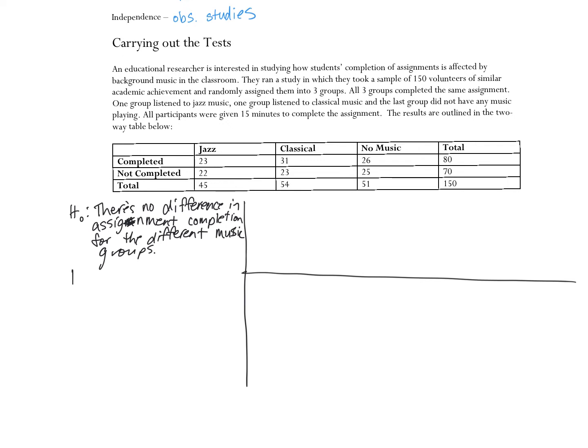Our alternative is? There is a difference. And do we just have to say there is a difference? Yep, as long as one of them is done well, I'll accept it.